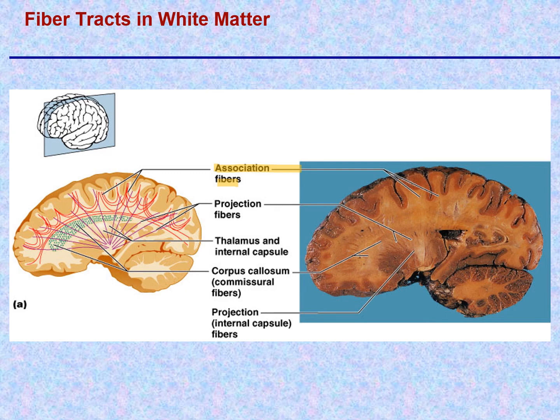This is a nice photograph of a human brain. It's a medial section right down the middle of the brain, and on the right side it gives you a clear idea of the cortical gray matter of the cerebrum, and that there's lots of white matter underneath, and that deeper in you have these areas here that are nuclei.